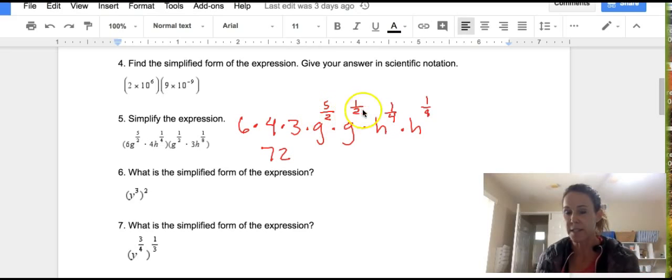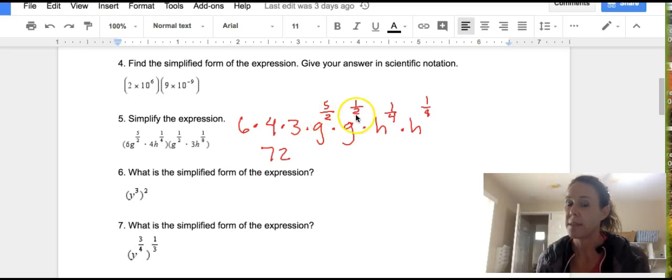Yay, because if they didn't, I would have to get a common denominator in order to add these exponents, but they do. They have the same denominator, so I can add numerators. So 5 plus 1 is 6. So this is going to be g to the 6/2. Now 6/2 reduces. 6 divided by 2 is 3, so this is actually g cubed.